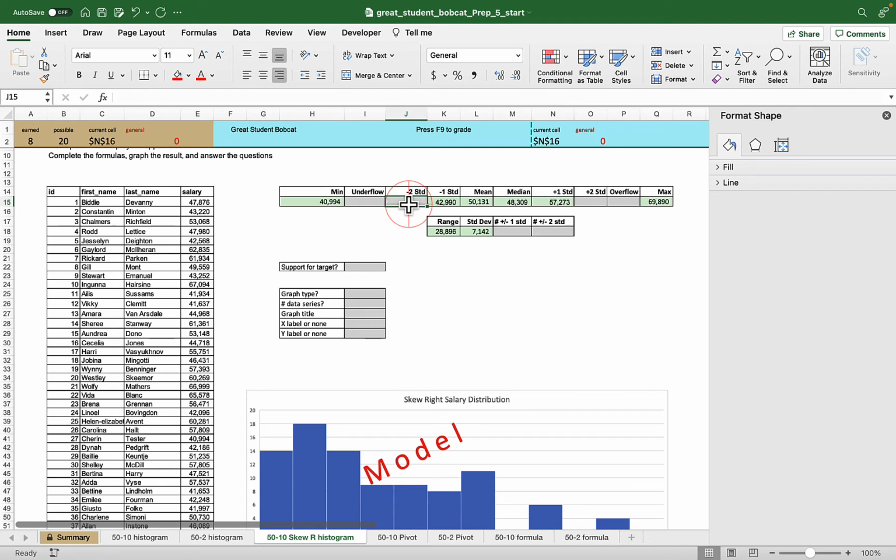And then look at 2: equals the mean minus 2 times the standard deviation, equals the mean plus 2 times standard deviation.